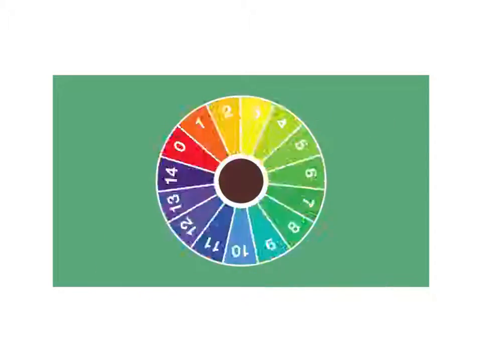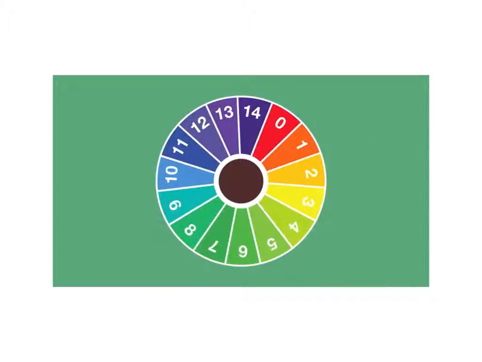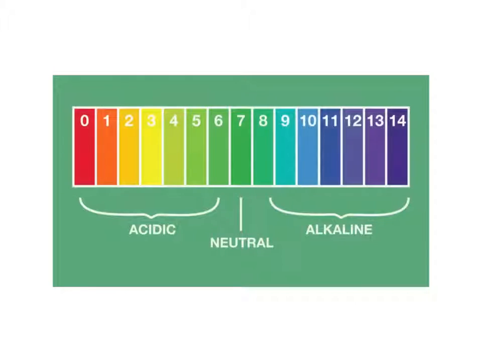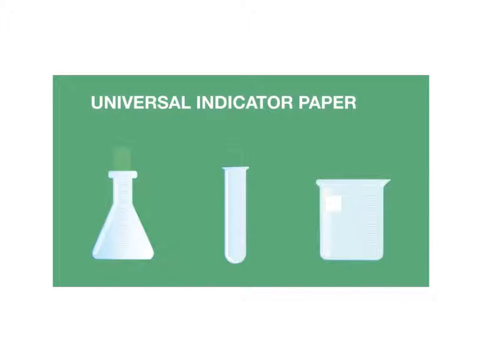If the universal indicator solution turns dark blue or purple, it means that the solution is strongly alkaline. Universal indicator paper works in exactly the same manner. Litmus is another indicator commonly found absorbed onto paper as litmus paper. Blue litmus paper turns red under acidic conditions, pH less than 7. Red litmus paper turns blue under alkaline conditions, pH greater than 7.